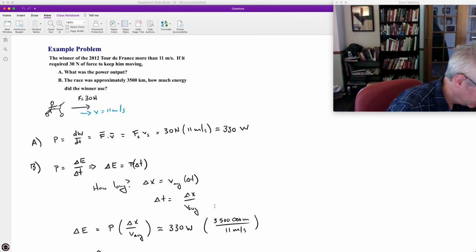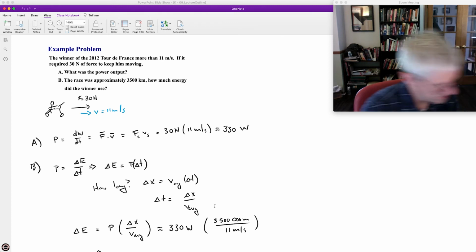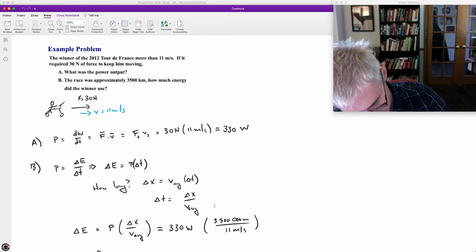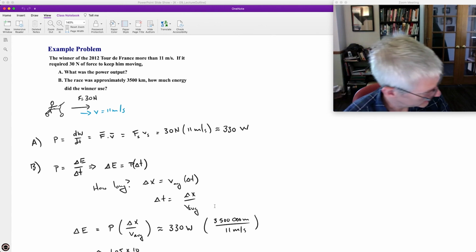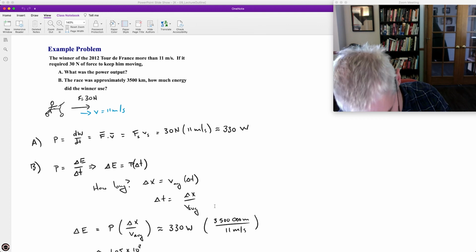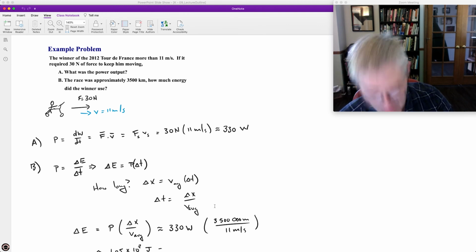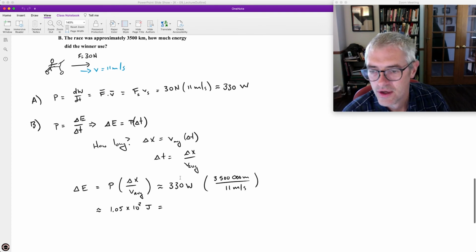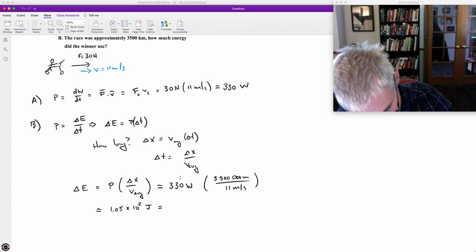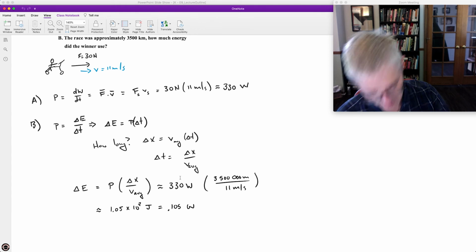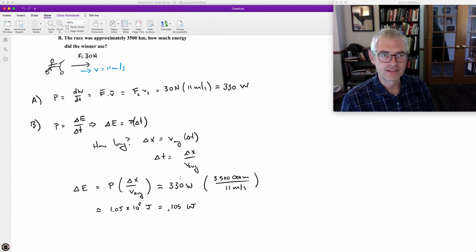Plug that in, and we get 1.05 times 10 to the 8 joules, okay, or about 0.105 gigajoules. Use some of our prefixes inside of there.